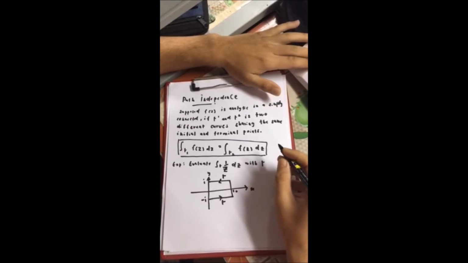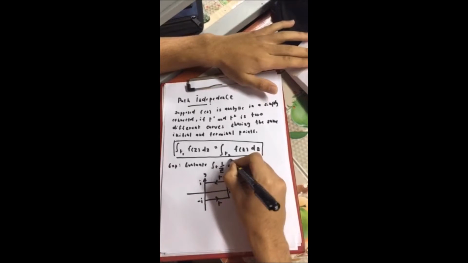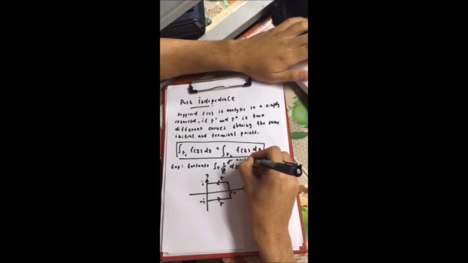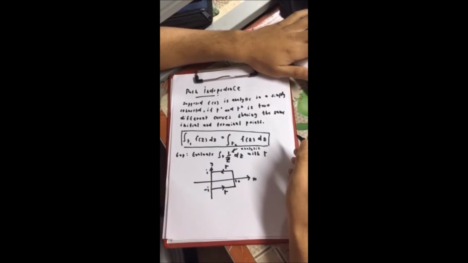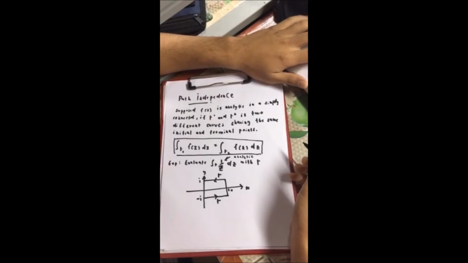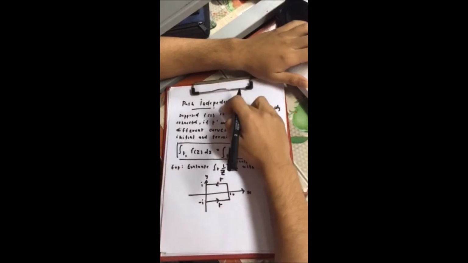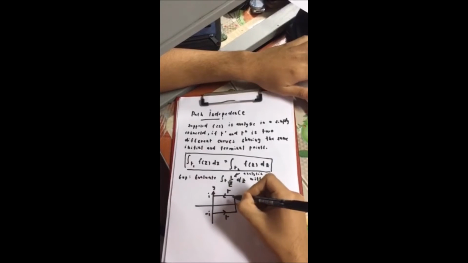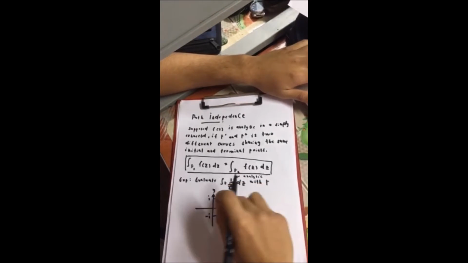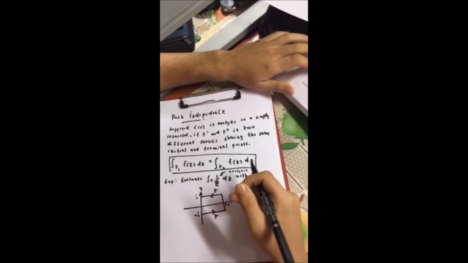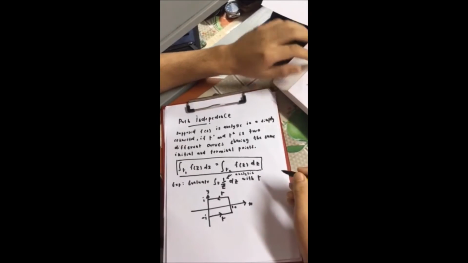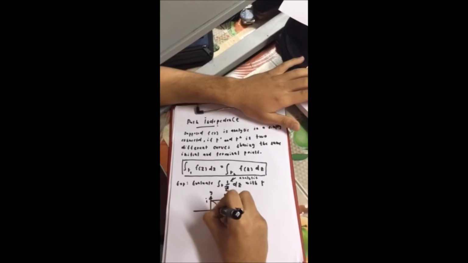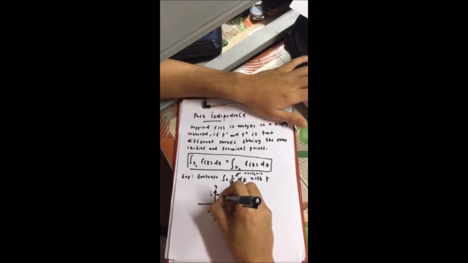The integrand of 1 over z is analytic in the entire complex plane except the origin, so by using path independence we can replace the complicated looking curve R by a much simpler curve R bar. I will draw the R bar for you. Okay, this is the R bar.